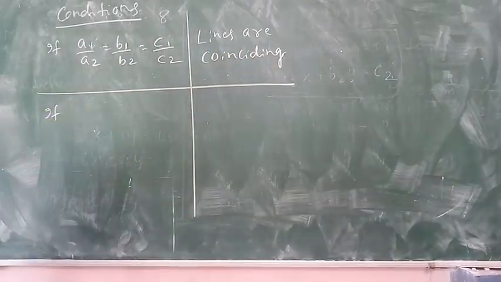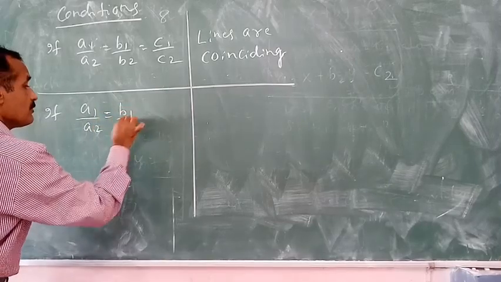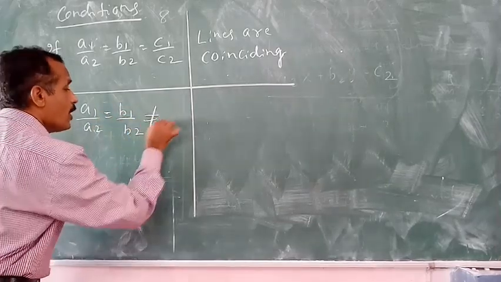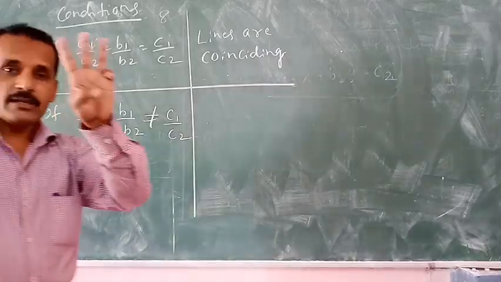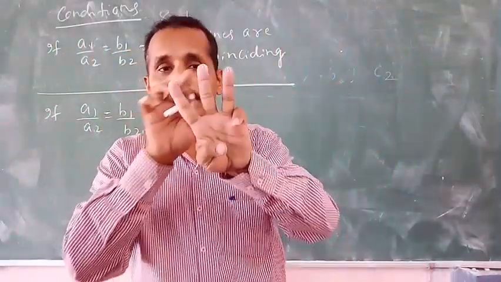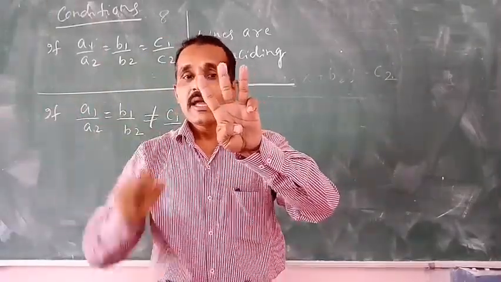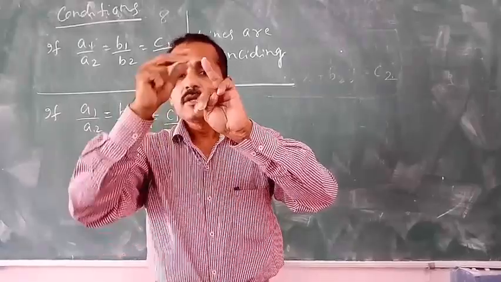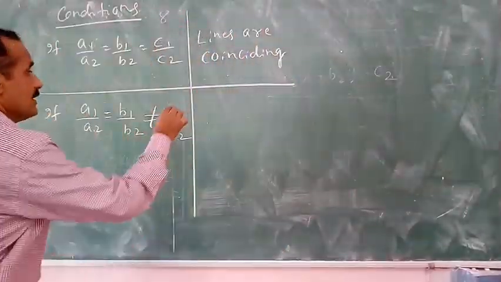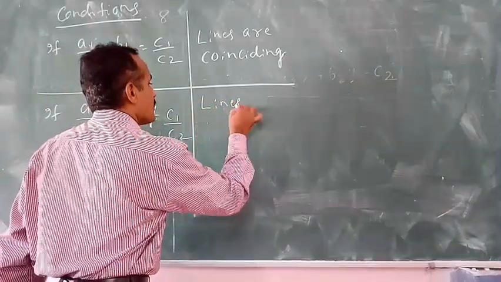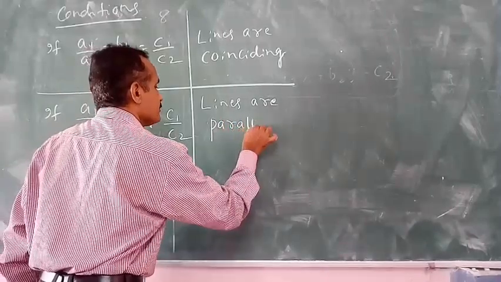If a1 by a2 equals b1 by b2 but is not equal to c1 by c2, that is, the first two are equal and the third one is not equal, then we can say the lines are parallel.